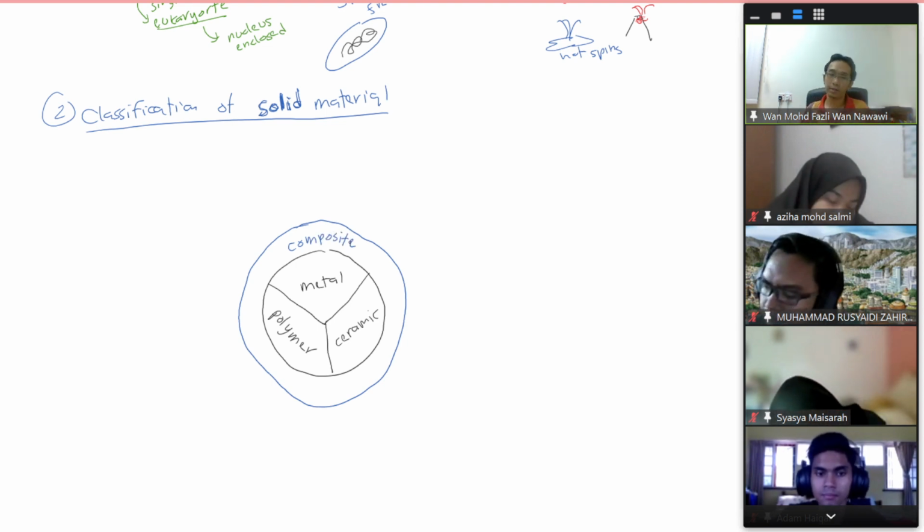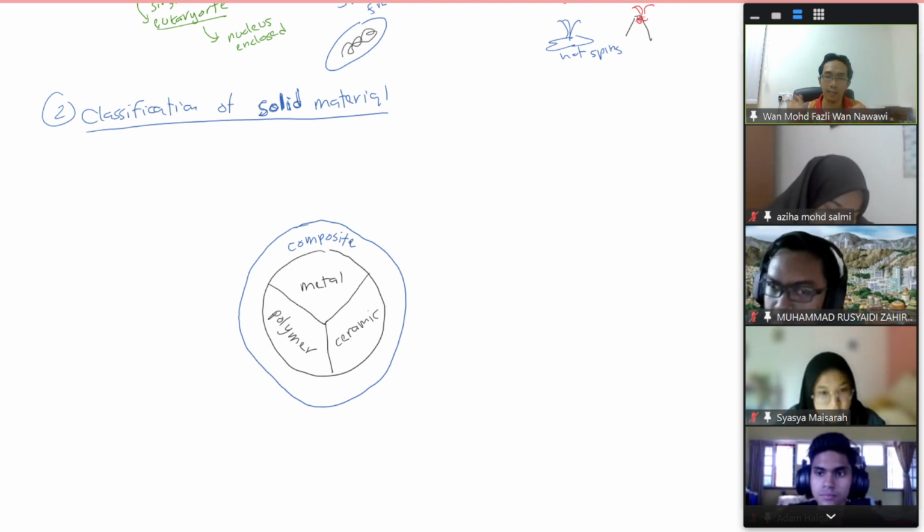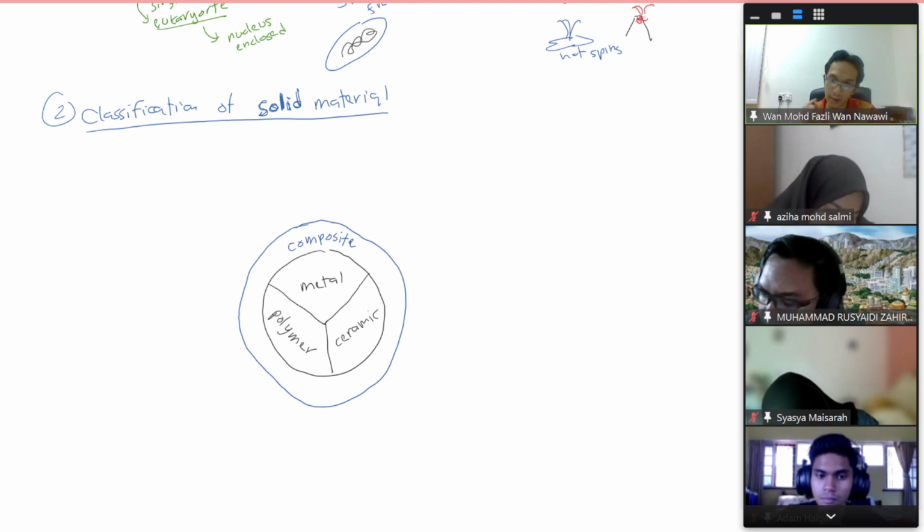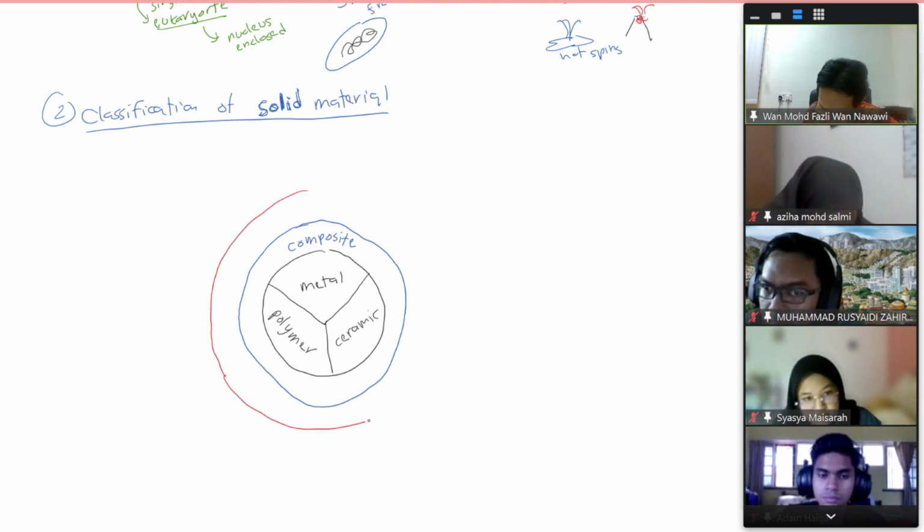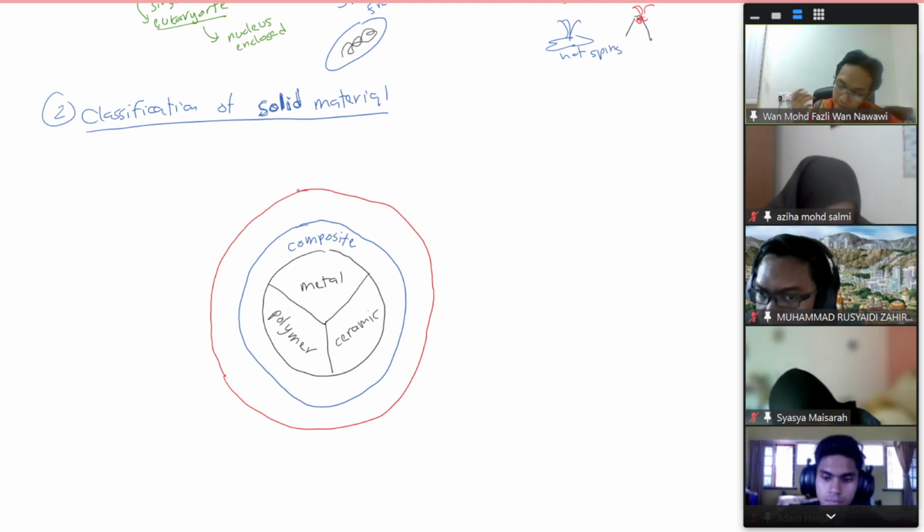And then nowadays there is also a class of material that we term advanced material. Let me use the red color. They are not new, I mean, people classify them as advanced material.